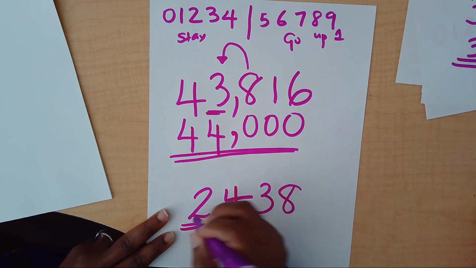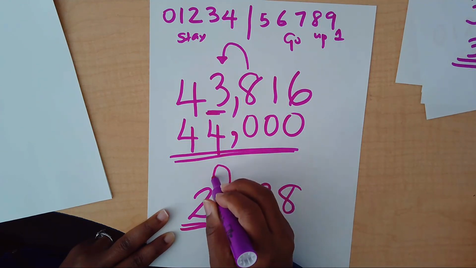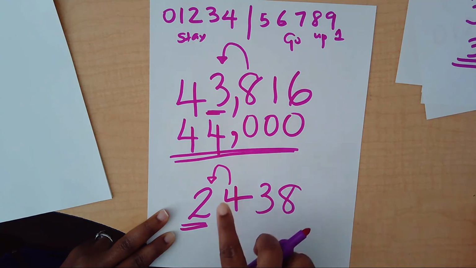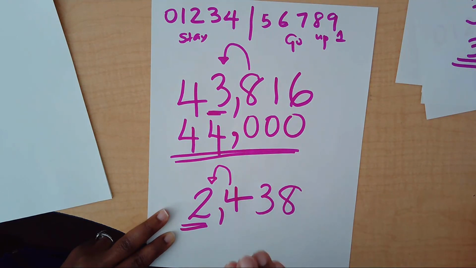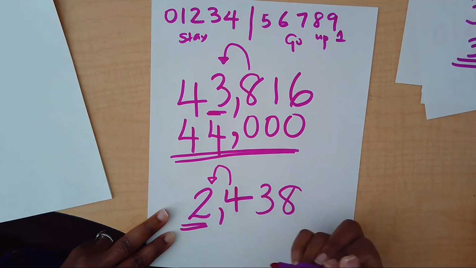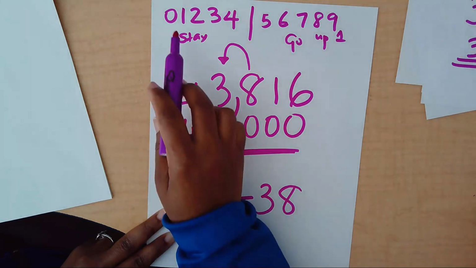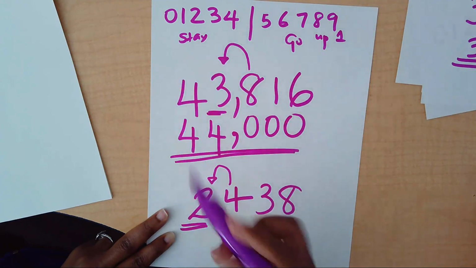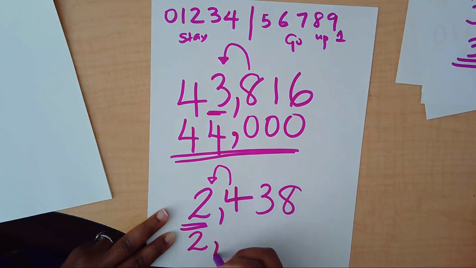So we underline it. Our arrow comes from next door. And we look for this 4 because 4 is going to be the little talker. 4 is going to bring a message. 4 is going to tell 2 what to do. So let's look for 4. Where's 4? 4 is right here. 4 is telling 2 to stay. And what happens to all these numbers here?